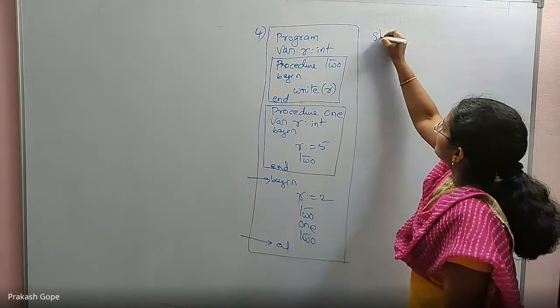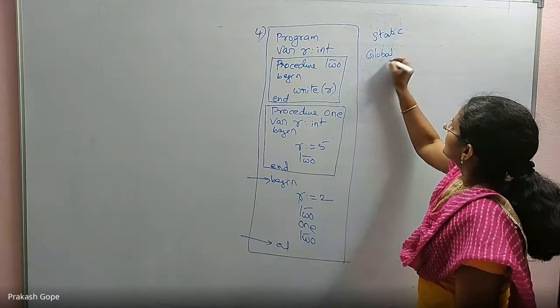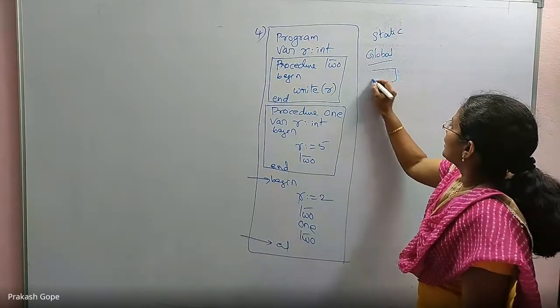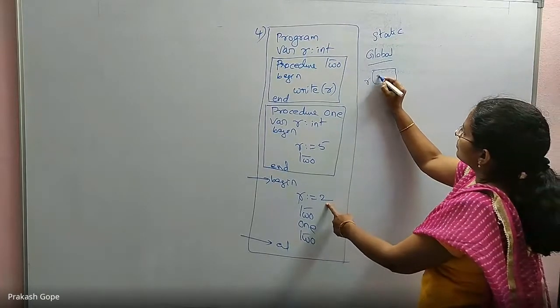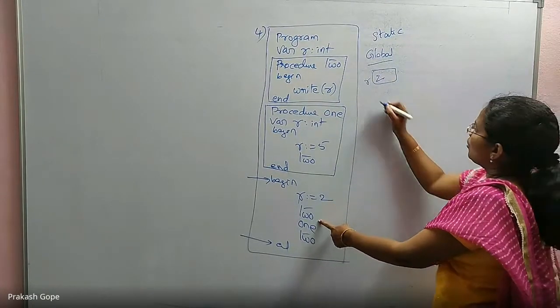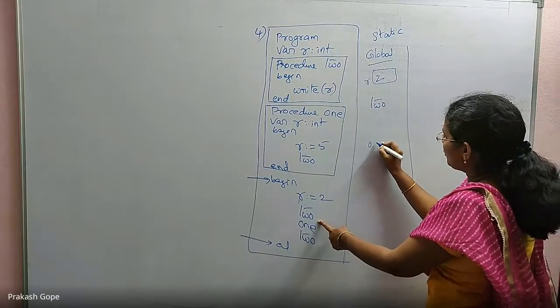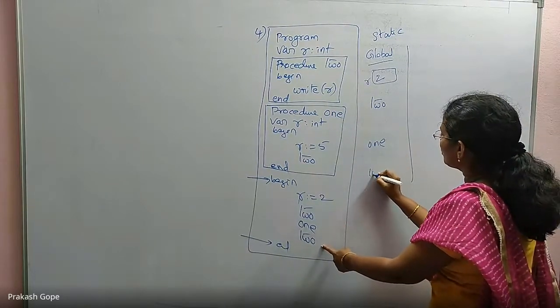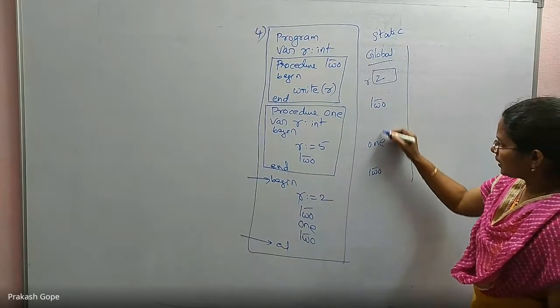First, I am solving static scope. Coming to the global environment, there is a variable R declared. Start execution, R equal to 2, initialize. Call procedure 2. Of course, I need to execute procedure 1 also, then 2 also. Once I come back to this, I continue.